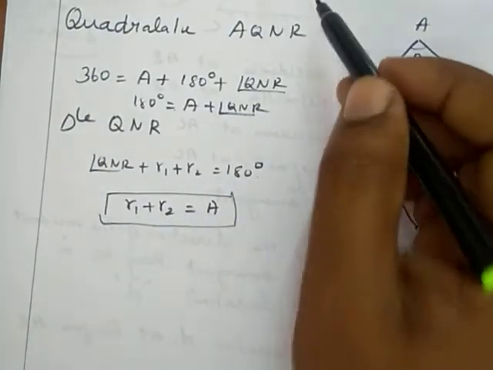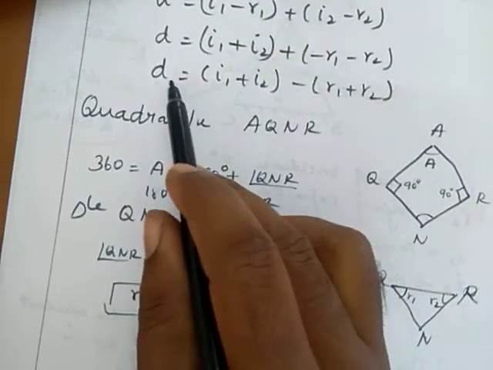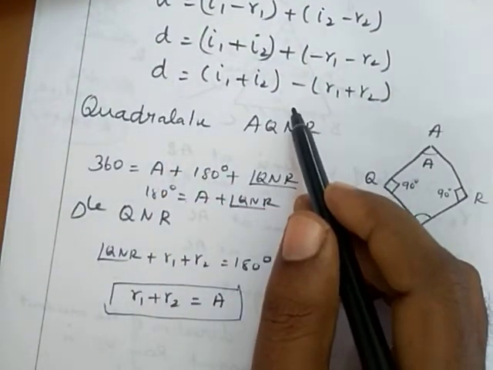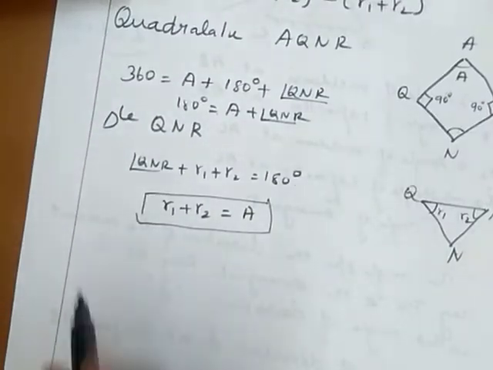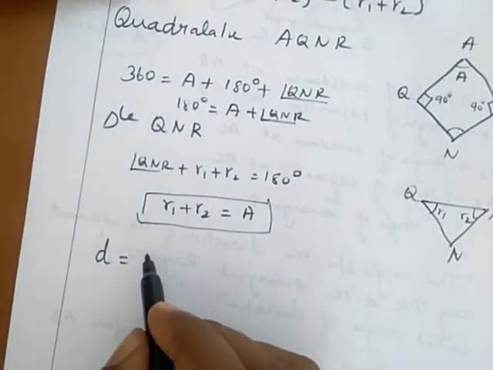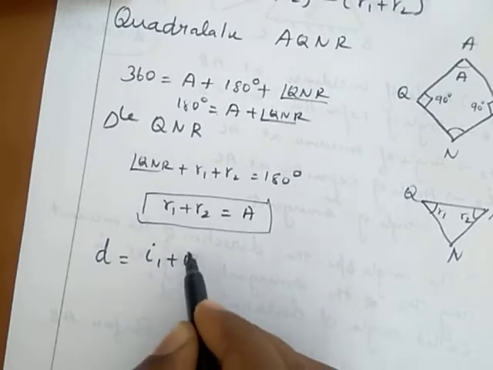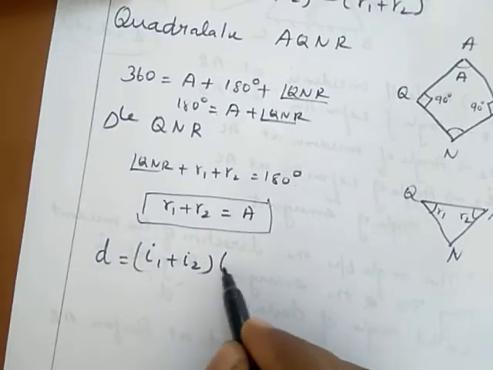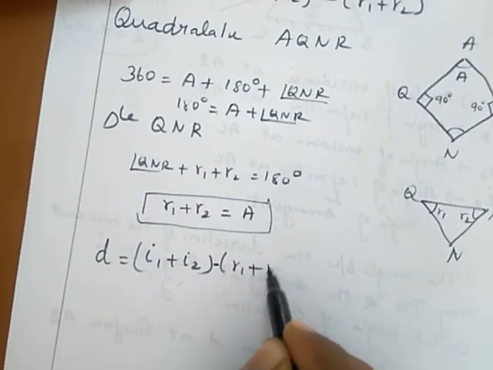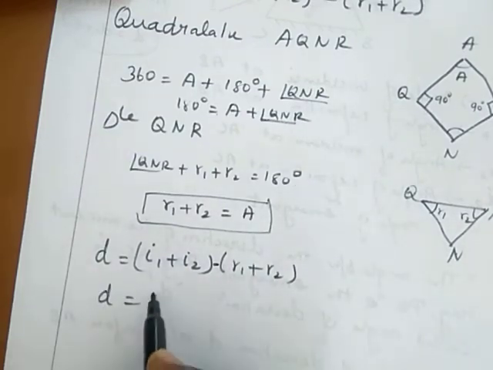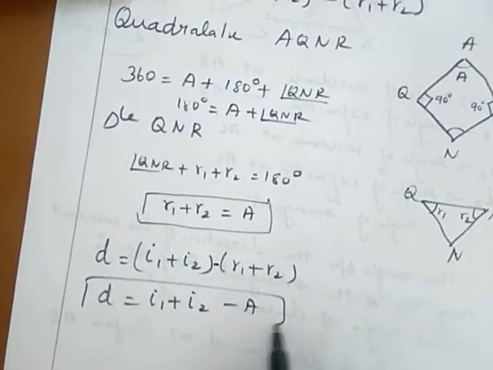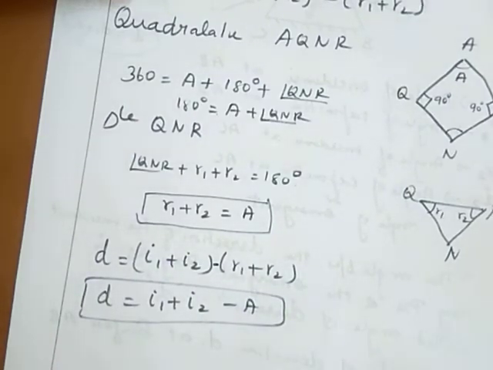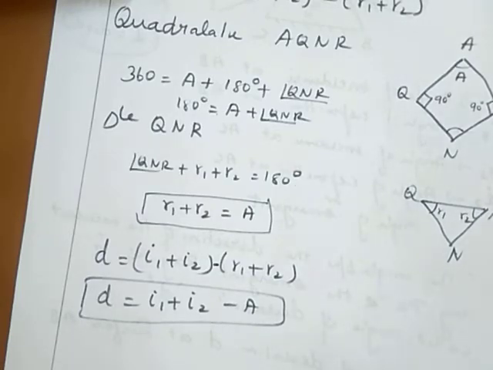Substitute this equation in D is equal to I1 plus I2 minus R1 plus R2. Then we get D is equal to I1 plus I2 minus A. This is the expression for the angle of deviation.